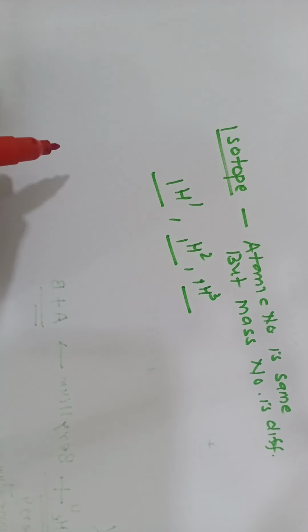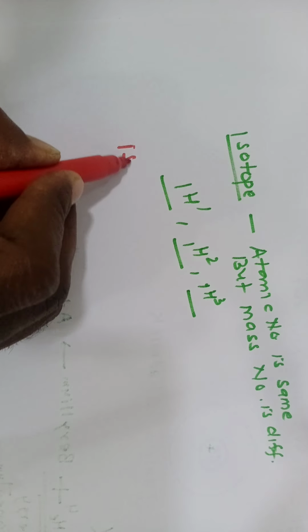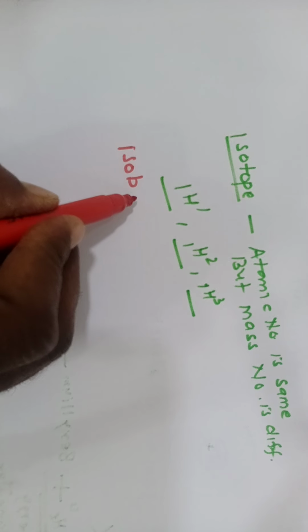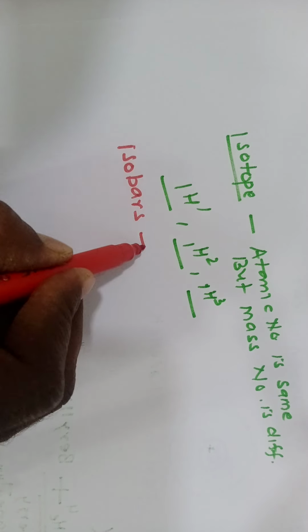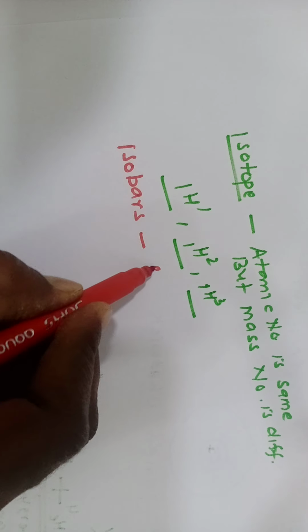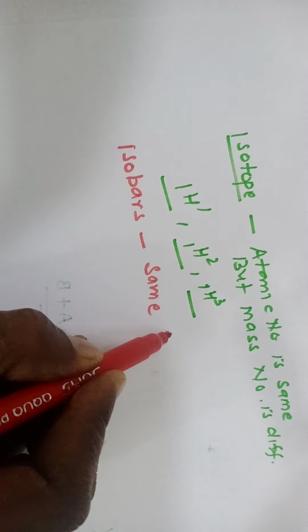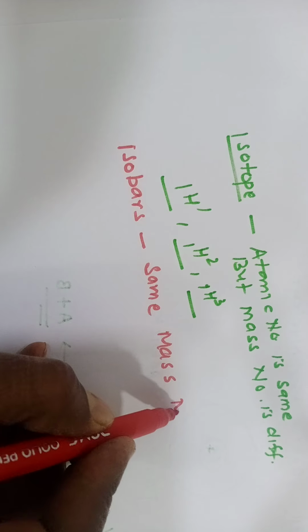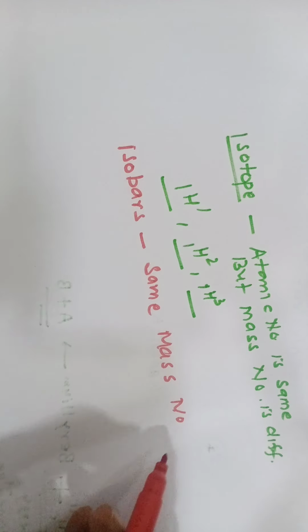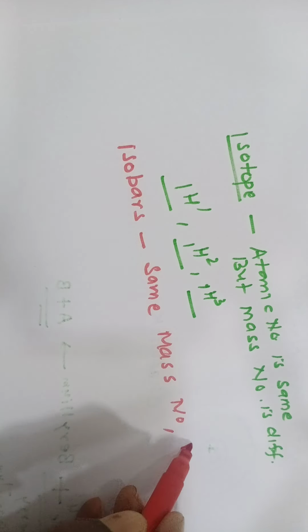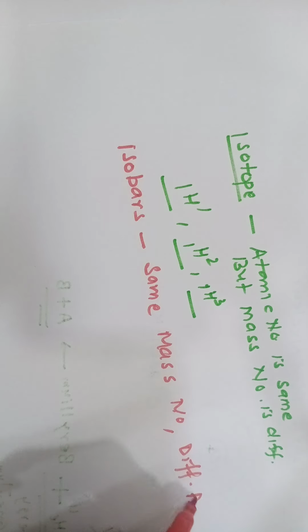Then we have one more definition, that is isobar. What is isobars? Isobars have the same mass number and different atomic number.